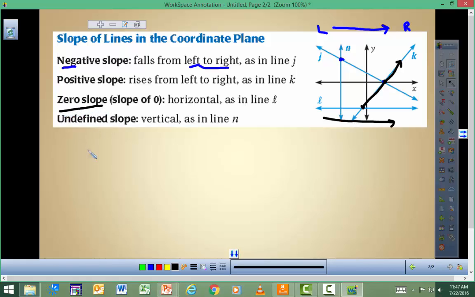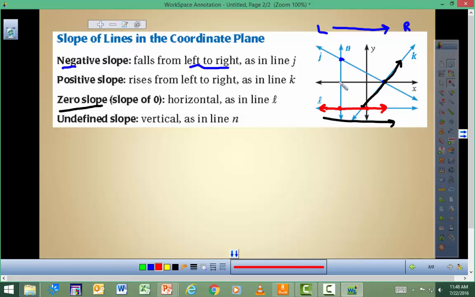If there's no change, like neither goes up or down, then we'll say that we have a zero slope. And that's the scenario for line L. We have a point here, and it doesn't go up or down. It goes just straight, so to speak.